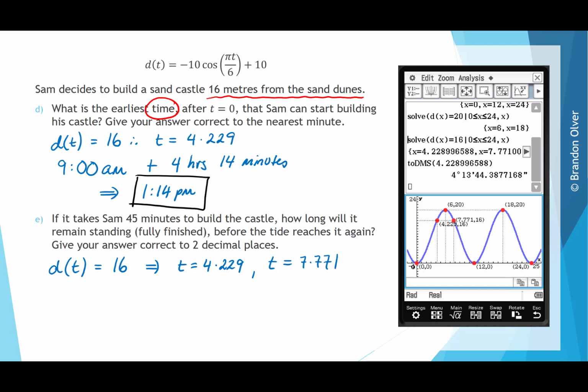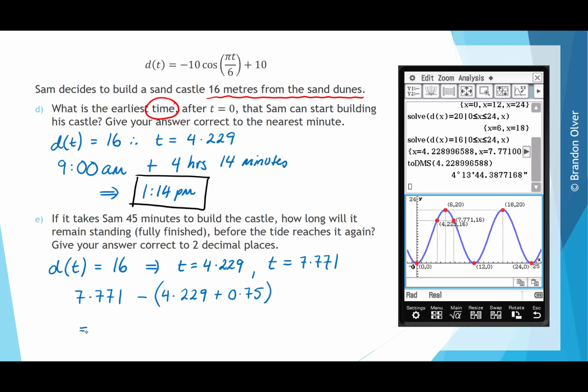Now to find the time that will remain standing fully finished, we can take 7.771 and subtract off 4.229, and we also want to subtract off from that the 45 minutes that it takes for him to build it, which is 0.75 of an hour.